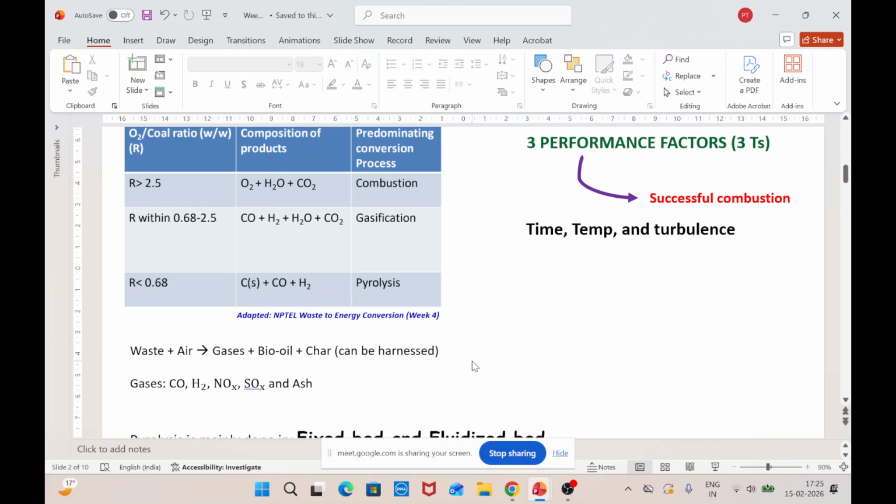If you see that particular table in the course, in the pyrolysis section you typically have three different processes. First one is carbonization, second one is slow pyrolysis, third one is fast pyrolysis. In this case, for carbonization the residence time is usually very high, whereas in case of flash pyrolysis, fast pyrolysis or slow pyrolysis, the residence time is only in the order of few seconds at max.